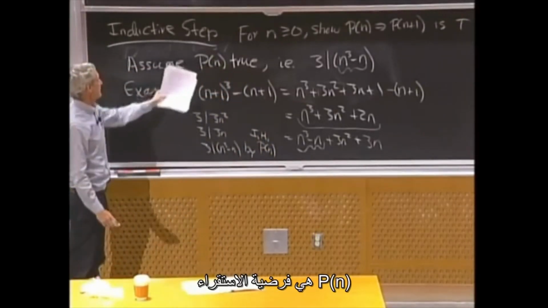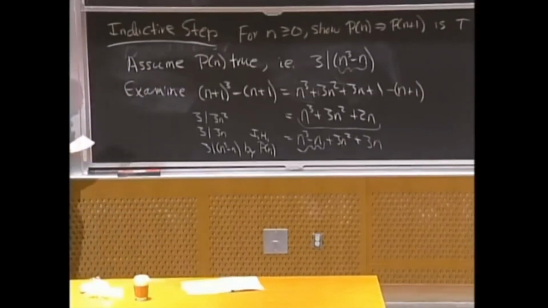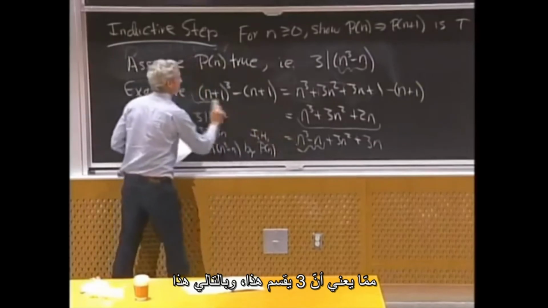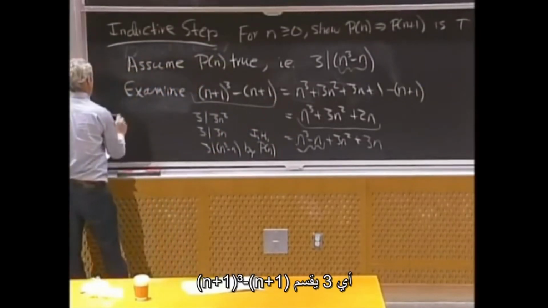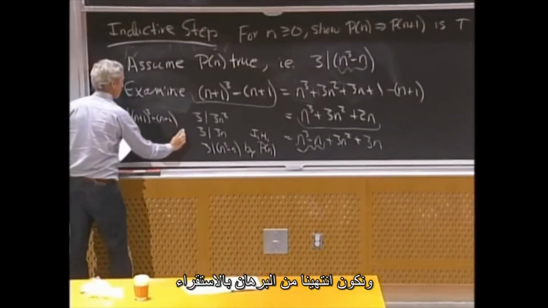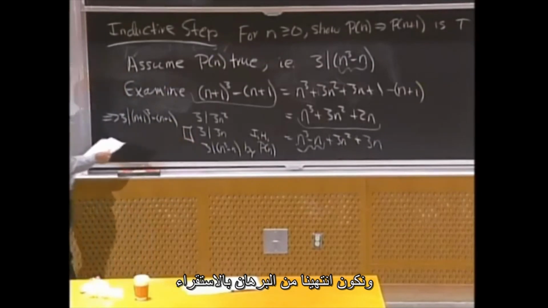Pn is the inductive hypothesis, another name for it. So therefore, 3 divides that, which means 3 divides this. So that means 3 divides n plus 1 cubed minus n plus 1. And we are done with the proof by induction.